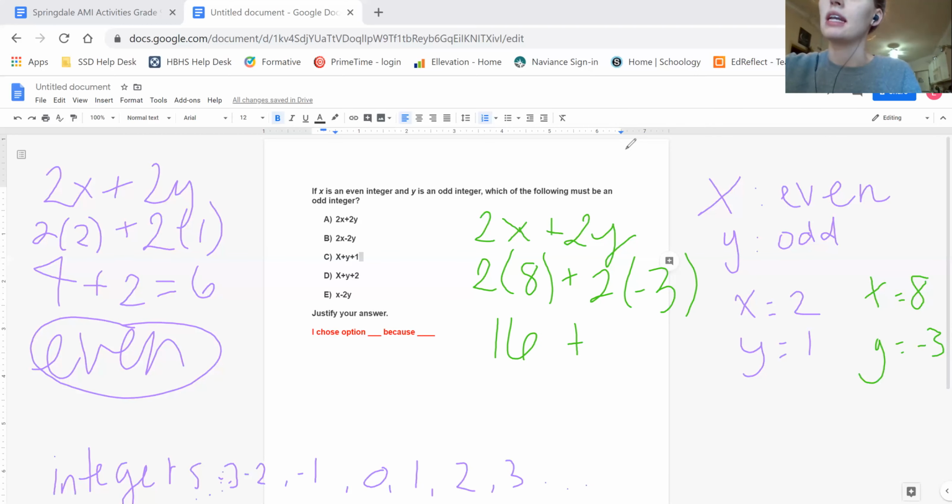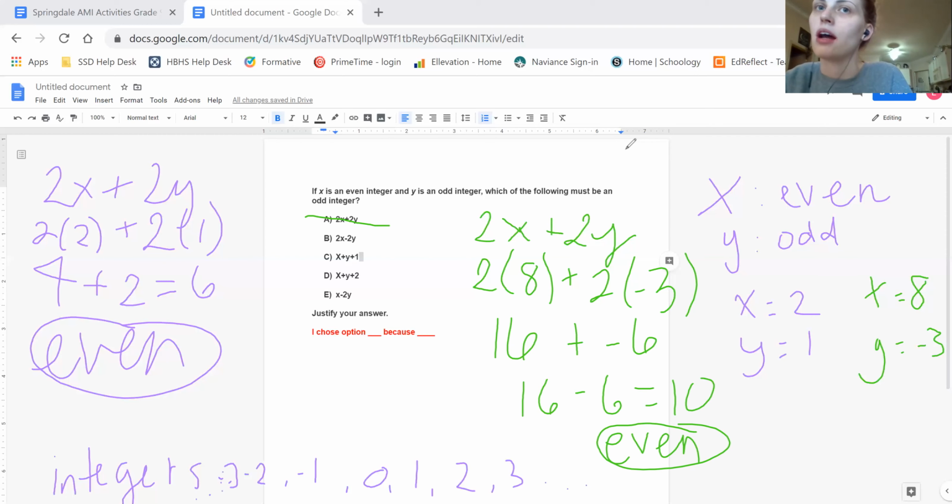If I add a negative number, that's the same as just saying 16 minus 6. 16 minus 6 equals 10. And guess what? 10 is an even number. So A is not the correct answer. That's not going to be an odd integer. Both of those are even, right?